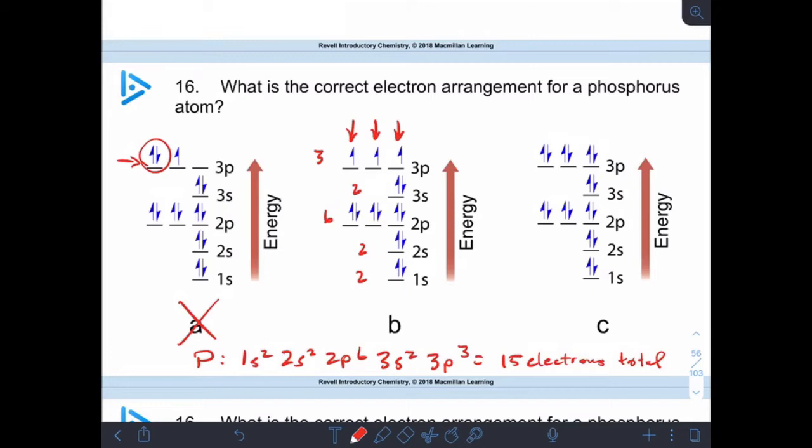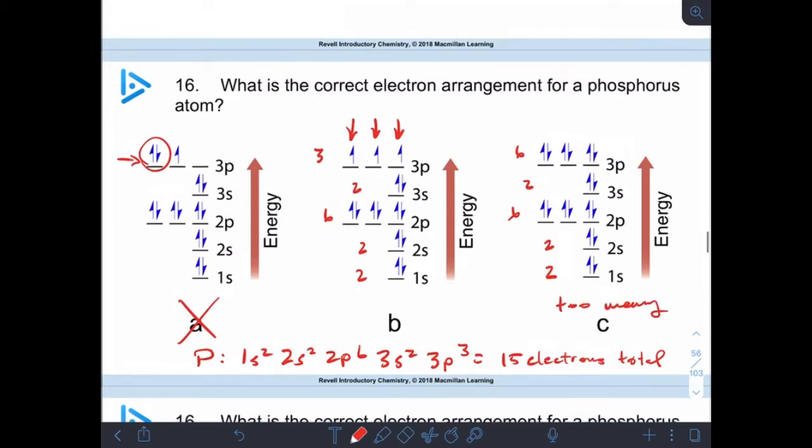Now let's look at our diagram C. We have 2, 2, 6, 2, 6. That's too many electrons. Okay, so C is out. That means B is our correct situation.